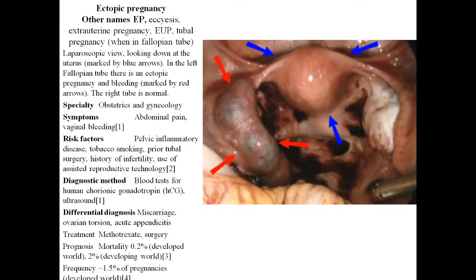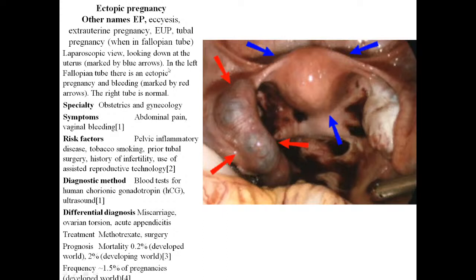The next disease belongs to the female diseases of the abdomen, and you can see the ectopic pregnancy. Ectopic pregnancy is also called tubal pregnancy. A laparoscopic view looking down at the uterus, marked by the blue arrow, you can see in here.